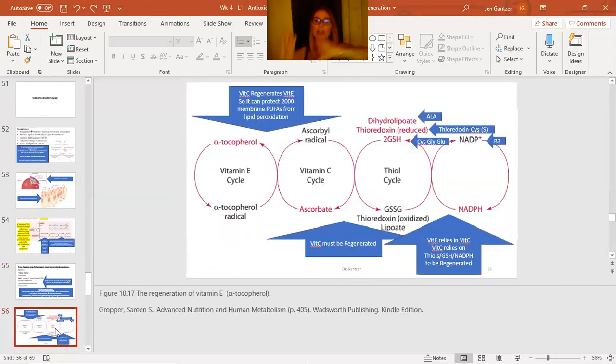So here's a beautiful picture to bring the concepts together. The concept is they are all keeping each other reduced. You need one to reduce the other so that it can reduce the other. So we've kind of moved on. Yes, they're still fighting free radicals. However, they have to depend on regeneration for the antioxidants to all be sustained.